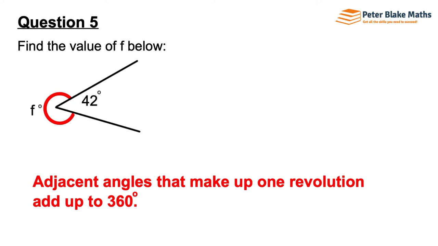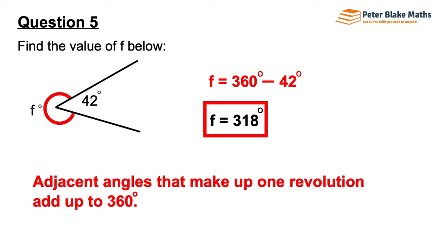So we can use that to work backwards to find out the value of f by having f equals 360 degrees minus the 42 degrees. Because I think you'll agree that the f makes up the rest of the revolution except for the 42 degrees. So f is just 318 degrees.